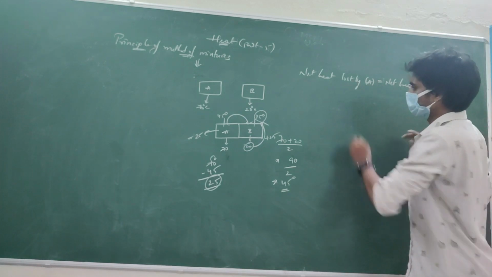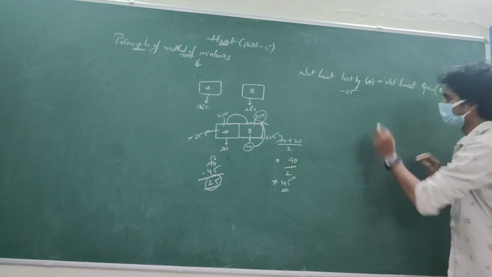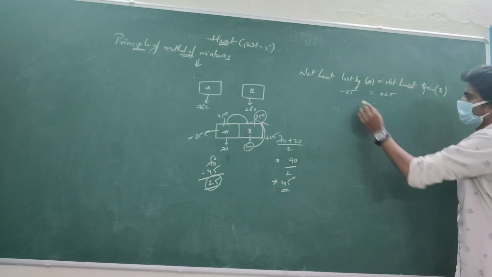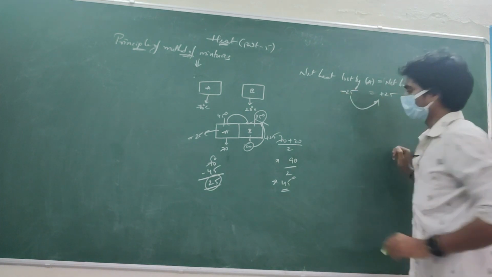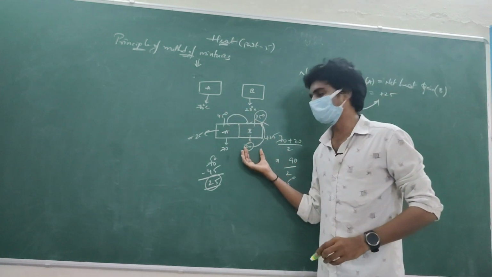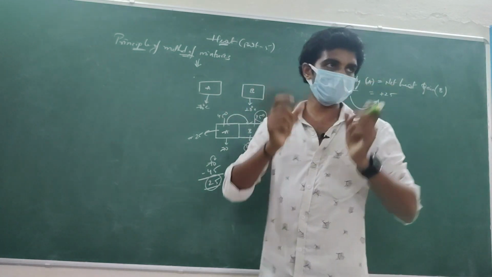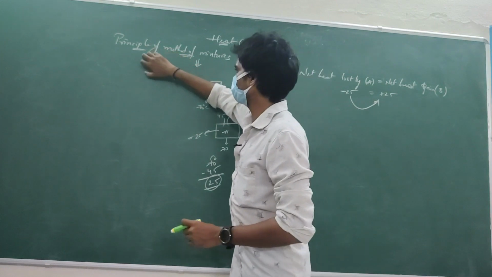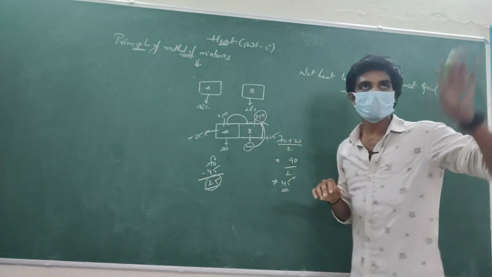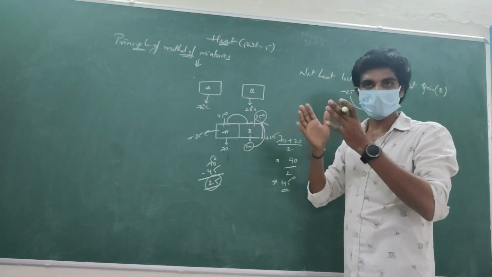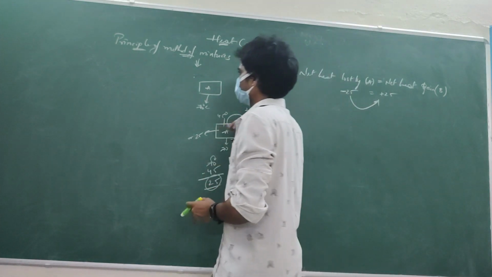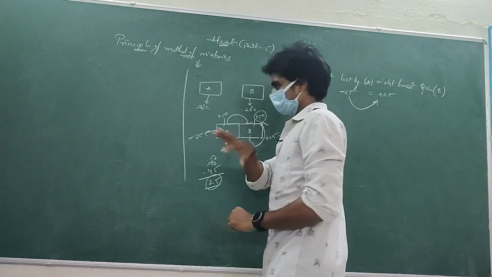If you consider these two cases, it loses 25 and it gained 25, which means the lost 25 degrees centigrade gets transferred to object B, then they both attain the same temperature, right? So, the principle of method of mixture says net heat lost by hot body is equal to net heat gained by cold body. Is it clear?